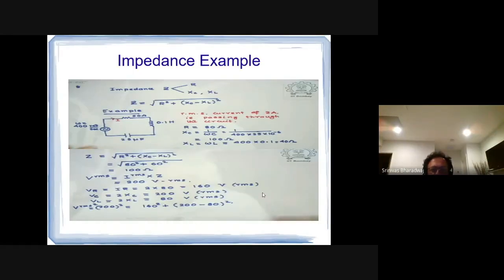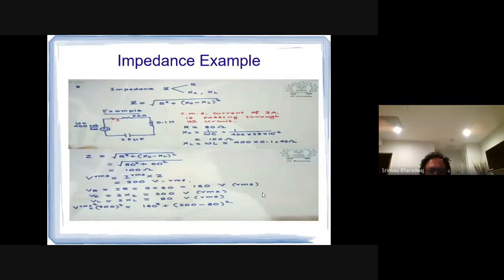And so from this you calculate VR equals IR, or maybe they've given you the I, they've given something here. I think they've given the I, right? Therefore, from the I, you calculate, the current is 2, right?